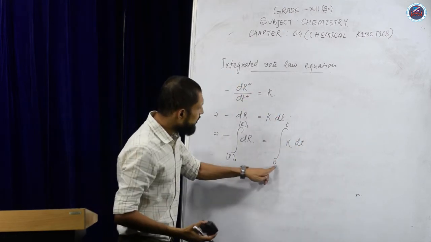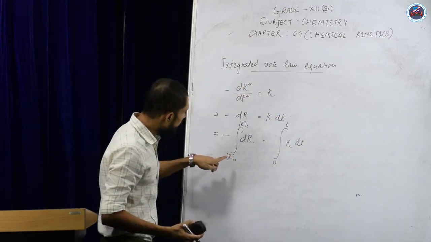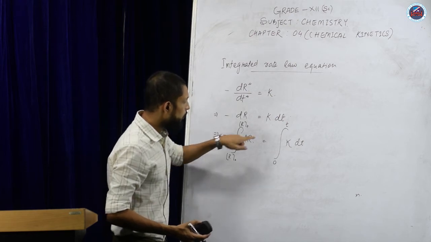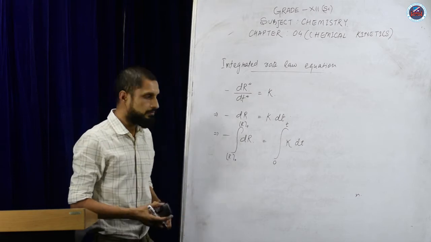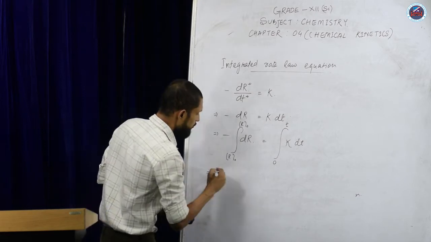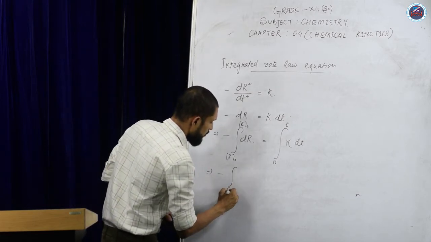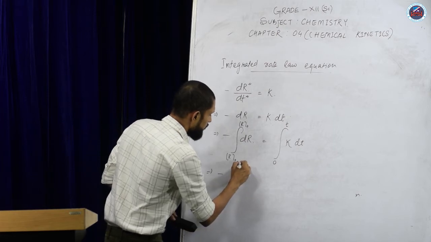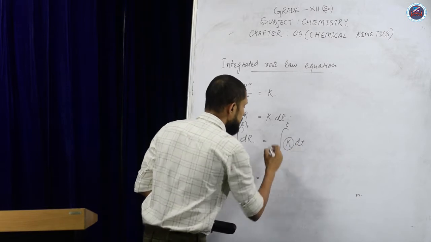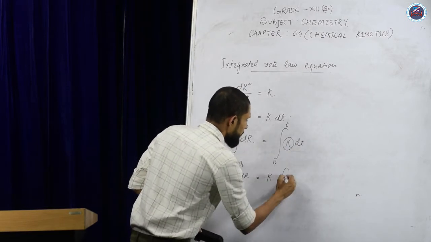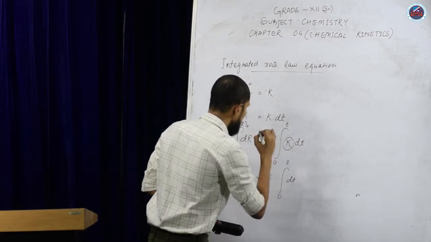So when the time is 0, concentration of reactant is R0. When time is T, concentration of reactant is RT. So next, minus integral from R0 to RT of dR is equal to, K is constant, so constant will come out, integral from 0 to T of dt.